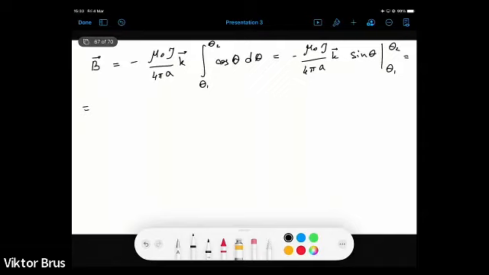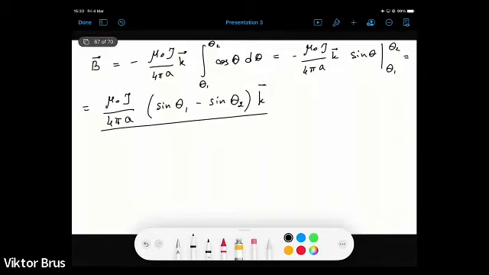Then we take into account this minus, so we can write mu naught I divided by 4 pi A times sinus theta 1 minus sinus theta 2 and K unit vector. So this is the expression for the resultant net magnetic field vector in point P next to this conductor.